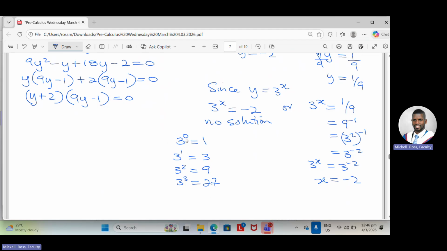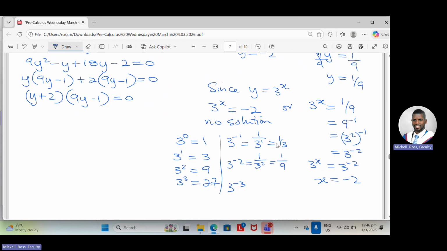So the question then is asked, why don't we use negative numbers? Let's see what happens. 3 to the negative 1, 3 to the negative 2, 3 to the negative 3. The rule says a negative power is the same as 1 over the same thing to that power. So this is going to give us 1/3. This is going to be 1 over 3 squared, which is 1 over 9.